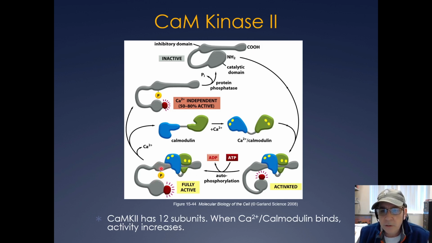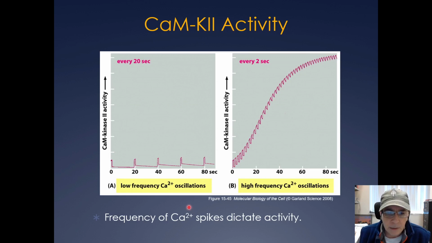Okay, so this is sort of simplified. There's actually 12 subunits in CaMK, but here's how calcium calmodulin helps to regulate CaMK activity. And you can see that sort of here with low spikes, you don't really get any calcium calmodulin. You actually need high frequency calcium release, and that will lead to a gated sort of dose response here in CaMK activity.